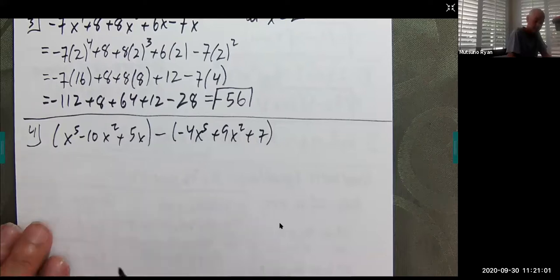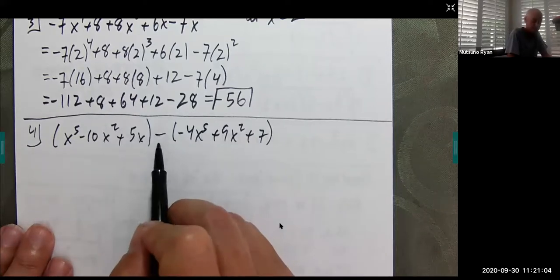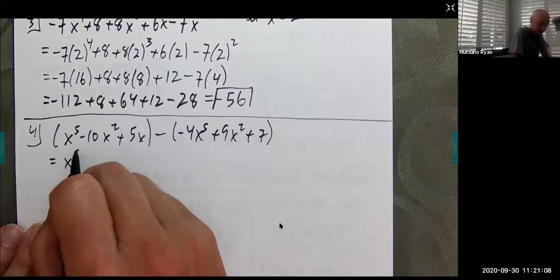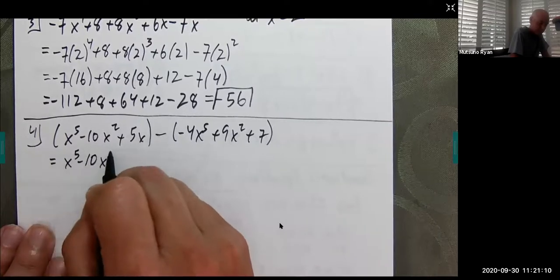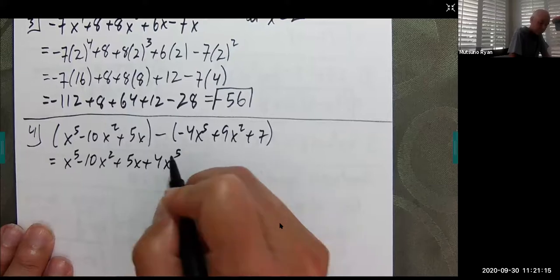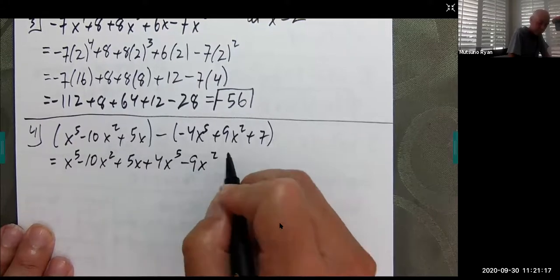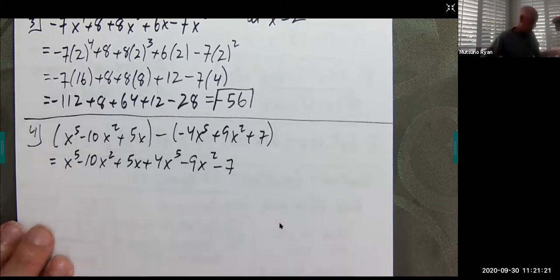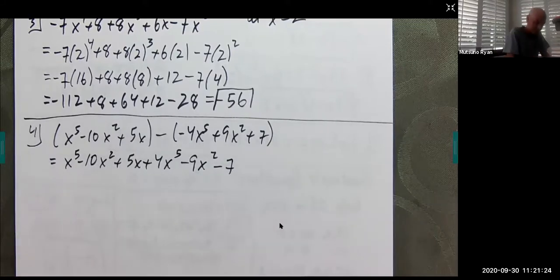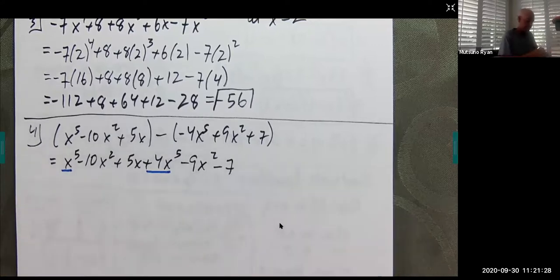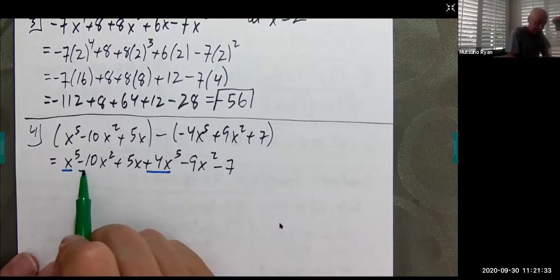So now here I got to remember to distribute the negative to everybody in this set of parentheses only. Again, notice all the signs changed. Now I'm going to combine up my like terms. So I'm going to notice those two are the same. Those two are like terms.